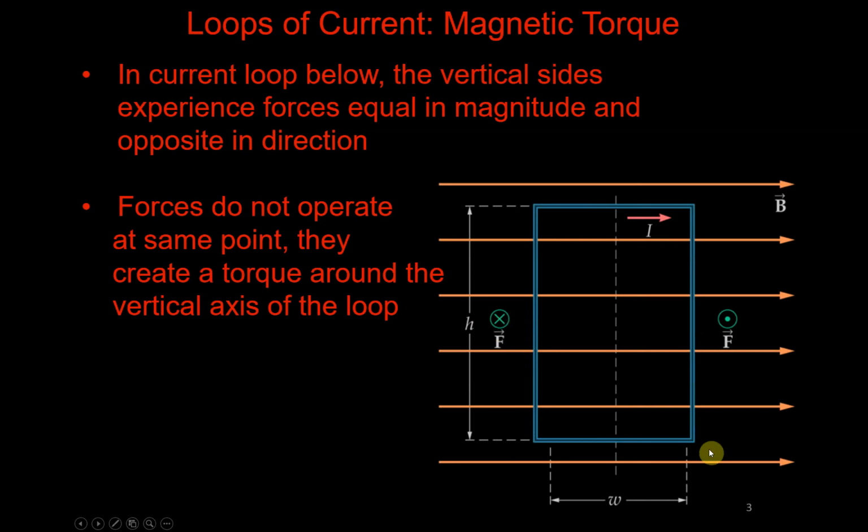This side of the loop, where the current is traveling downwards, will cause the force to be upwards out of the screen towards the viewer. That, if we anchor our loop in the middle here, will create a torque, an upwards force here, a downwards force here, and cause this whole armature, this whole loop, to spin around.